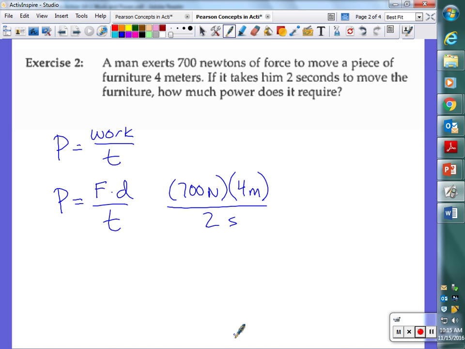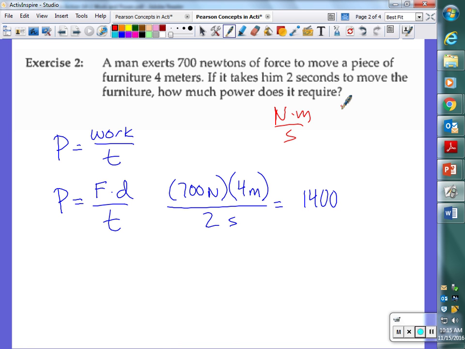All right? And so we plug that in, and we should end up with 1,400, if I'm not mistaken, right? So 1,400, okay? Now, if we look at units, I'm just going to do this up here: newtons, meters, seconds. All right? That make sense?